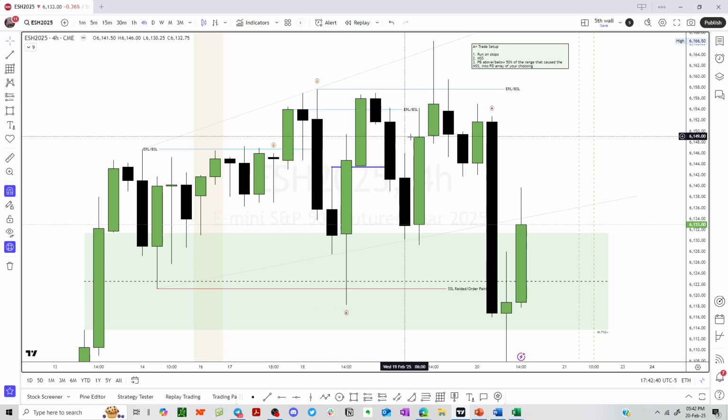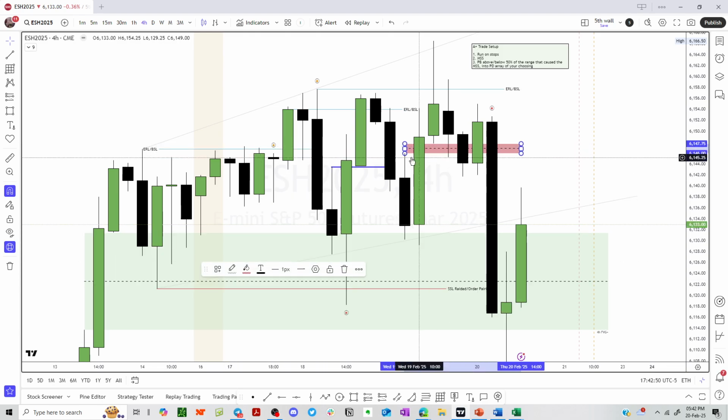Then I drew this out, and the possibility for price to potentially hold above that. It broke below, ran back above it, and then this massively shifted, right?